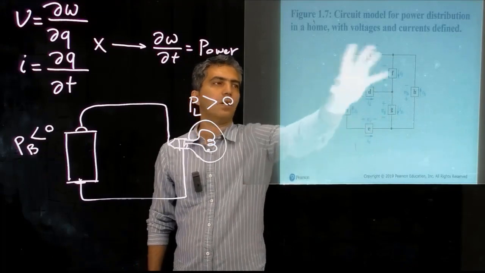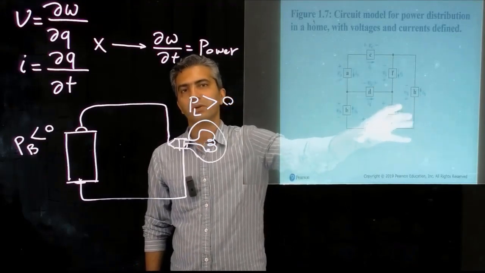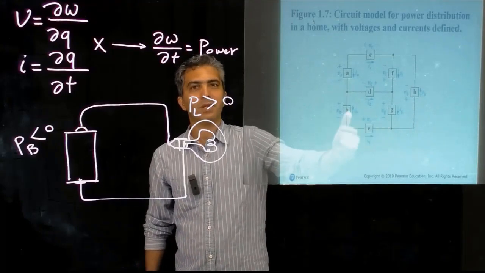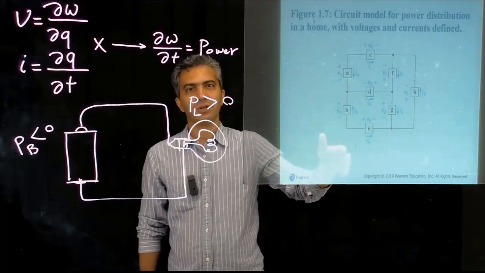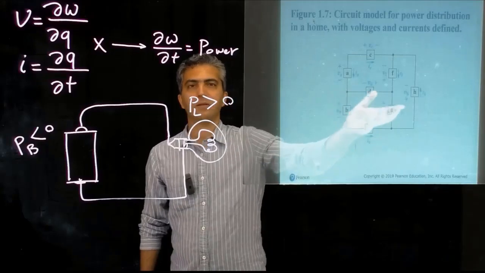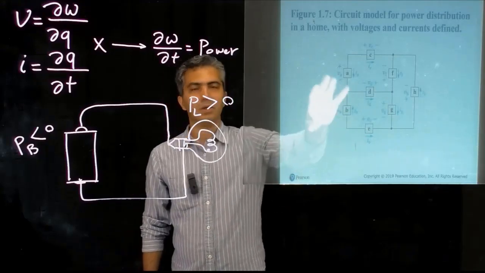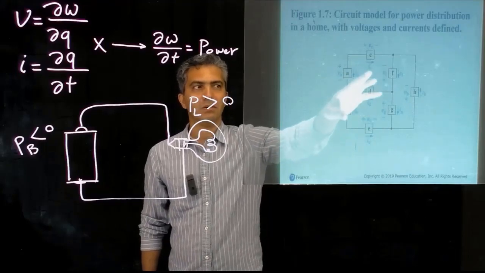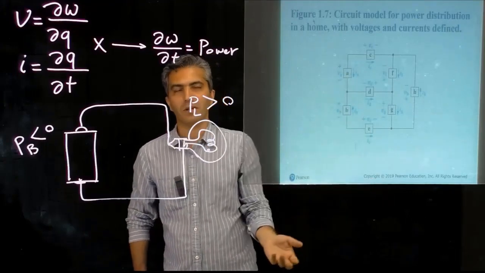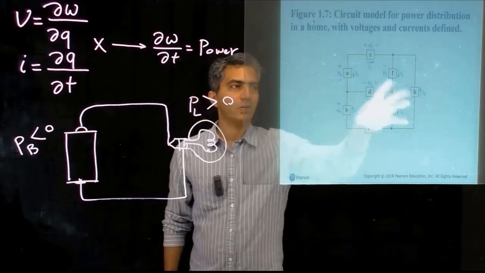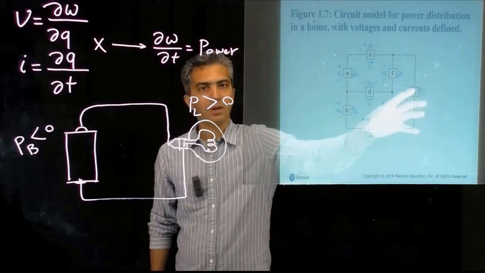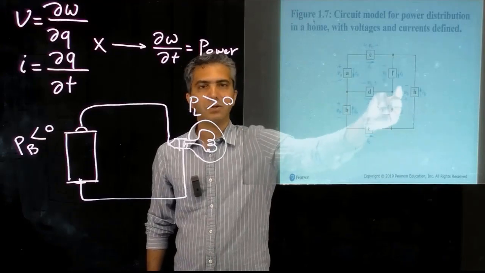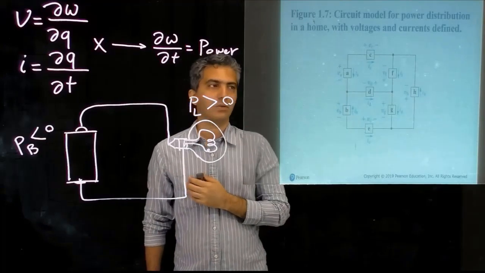If none of the components that exist in this network generate energy, obviously you don't have any force that pushes charges around, and therefore nothing is going to happen. And you can be sure that none of these currents are going to have any value. So you have to have energy stored in one of these components, one way or the other, so that that energy gets delivered to the rest of the system.